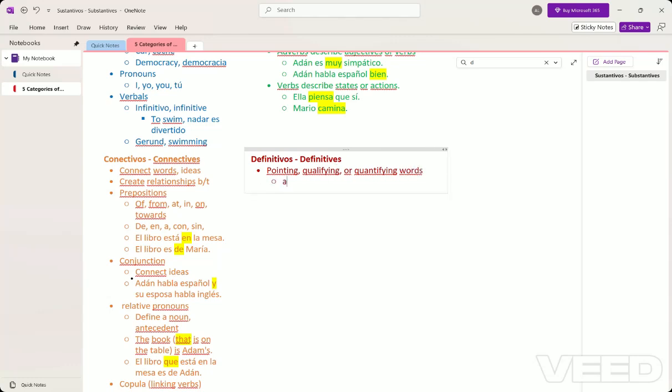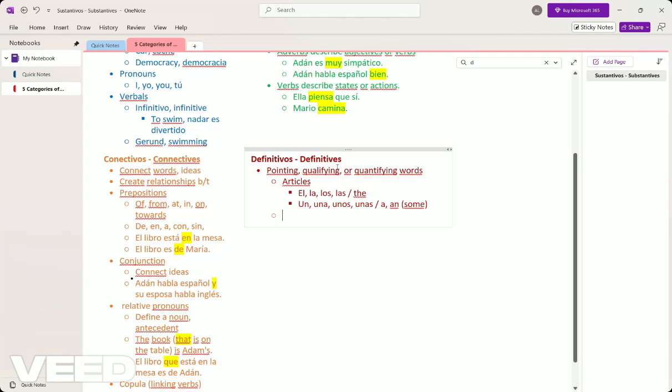In this case, these are going to be articles like el, la, los, or las, which basically means the, or una, unos, unas, which means a, an, or some.